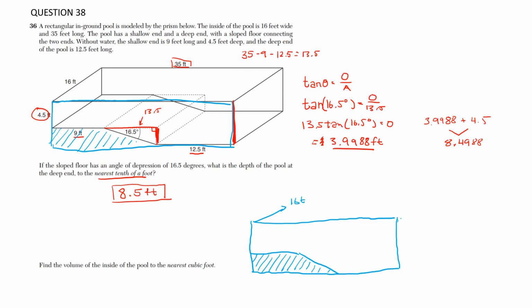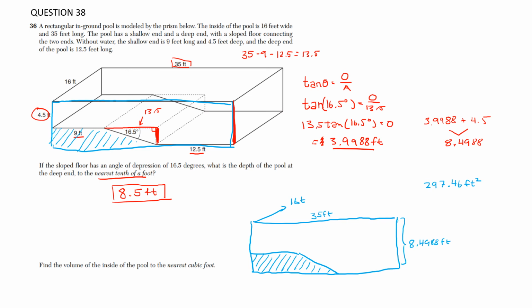So we know that we have a total depth of 8.4988 feet. We have a total length of the pool of 35 feet. So I can just multiply those two out and get 297.46 square feet.